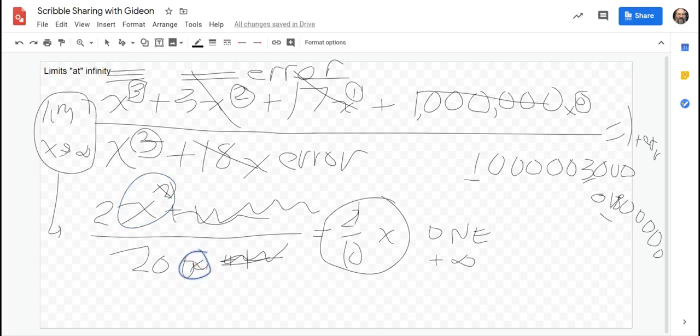Remember how the small things, the lower polynomial degrees, don't matter. They get tiny compared to the higher polynomial degrees. If the bottom of your fraction gets tiny with respect to the top, then you've got a tiny thing on the bottom and a large thing on the top, and that goes off towards infinity.